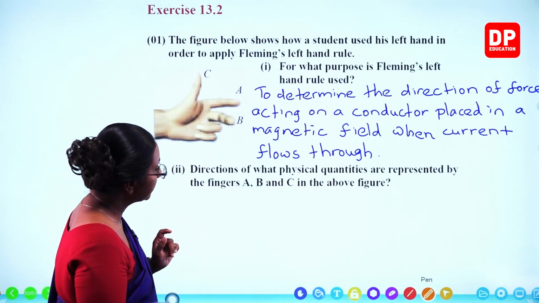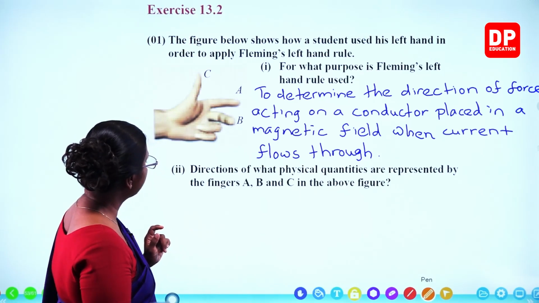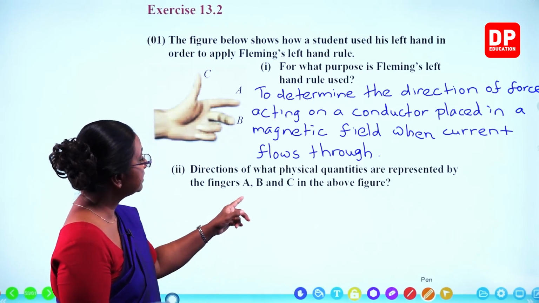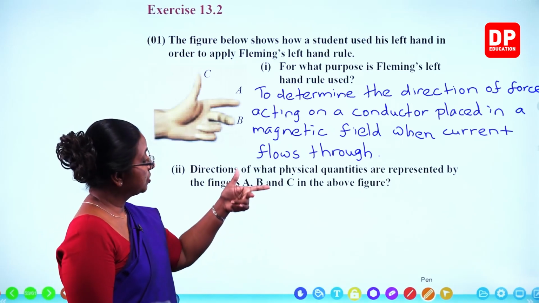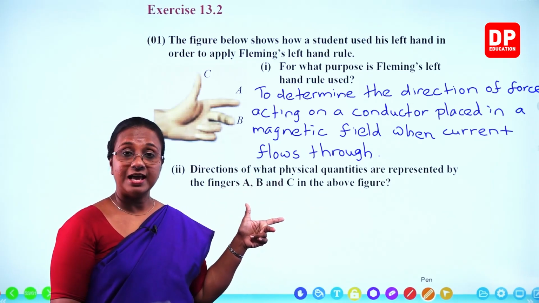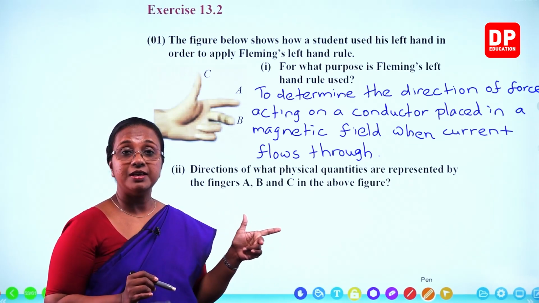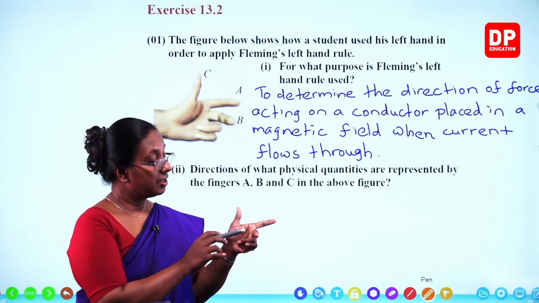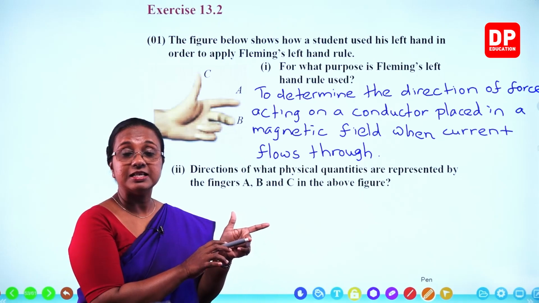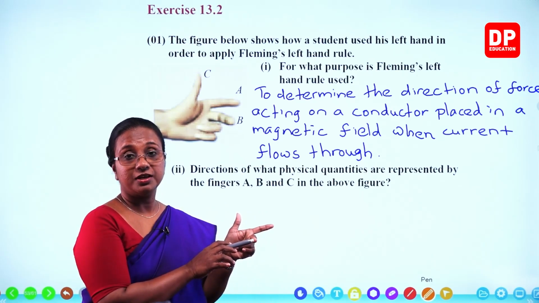Then, the directions of what physical quantities are represented by the fingers A, B and C in the above figure? So when you hold your left hand like this, thumb, index finger and the middle finger perpendicular to each other, you all know the middle finger is the direction of the current flow.